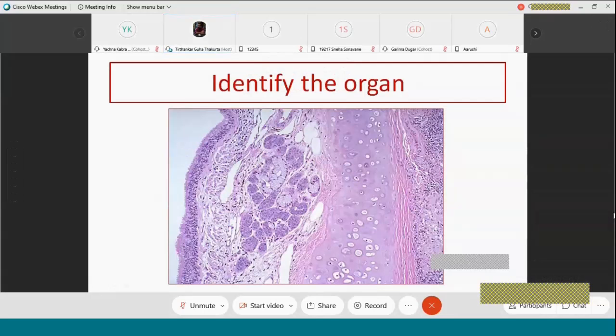Identify this part. The only organ in your syllabus that has a cartilage. Very good. This is trachea or bronchus.